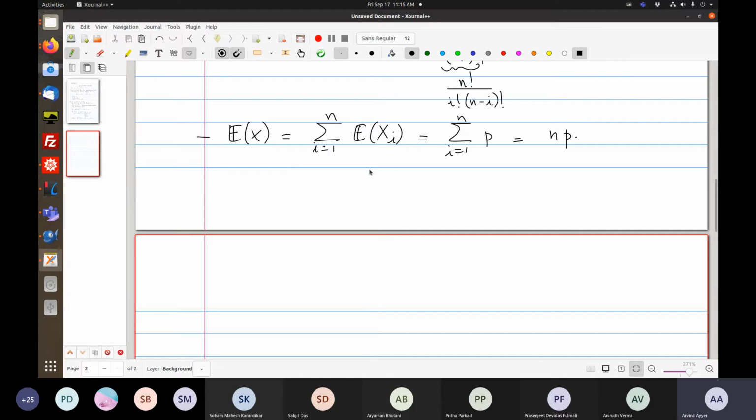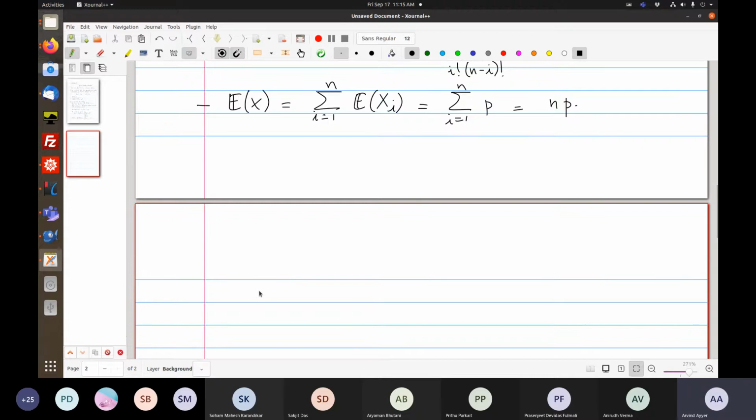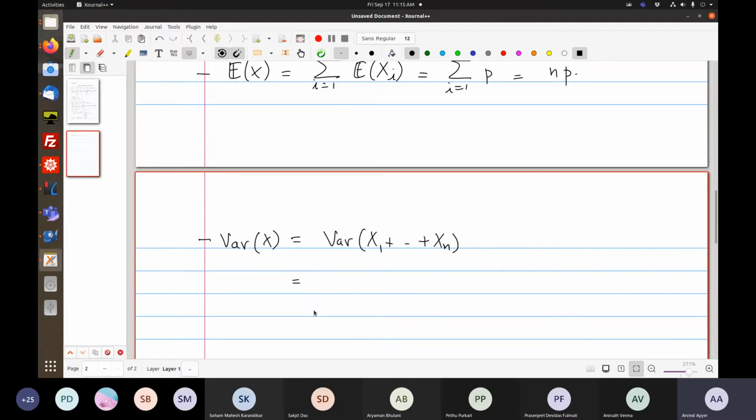Here is the expectation. As I said, it's np, and let's compute the variance as well. The variance of X is the variance of X1 plus up to Xn. Now I have to use that they are independent. By independence, this is the sum from i equals 1 to n of the variance of Xi.